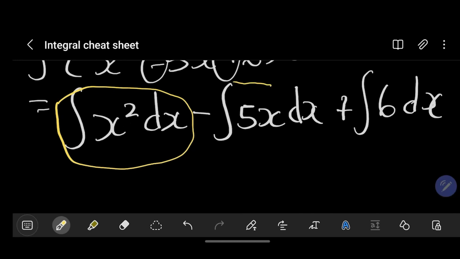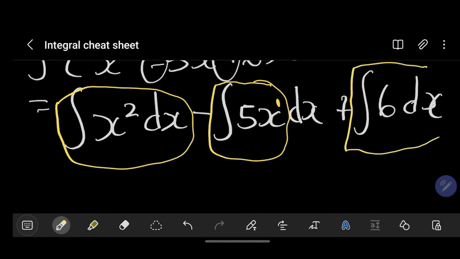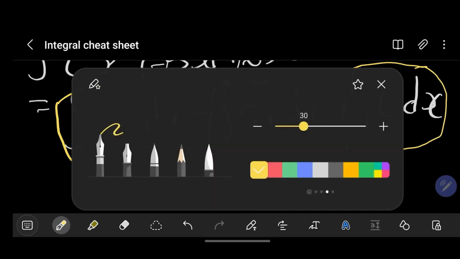For the second one here, it's x to the 1, which also means we can use the power rule. And then for the 6 here at the end, we can see that it is a constant, which means we can use the constant rule. So let's do that real quick.